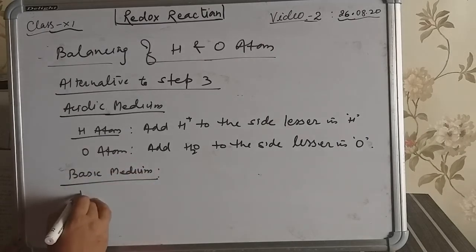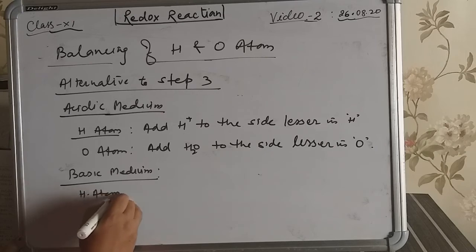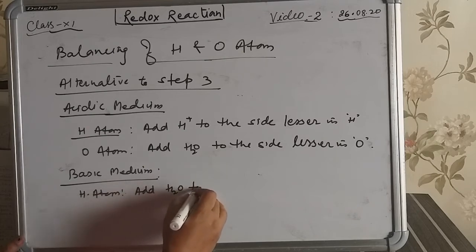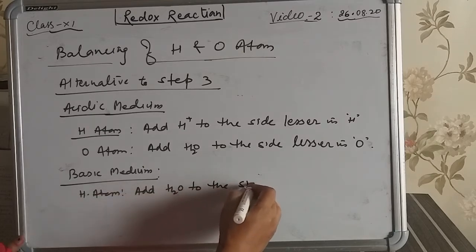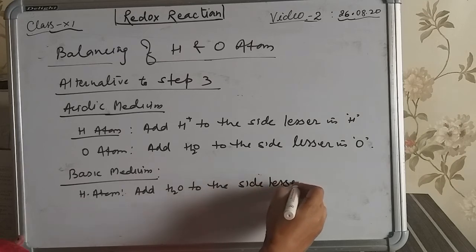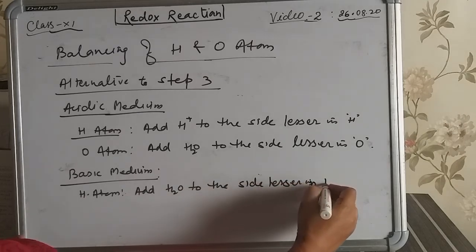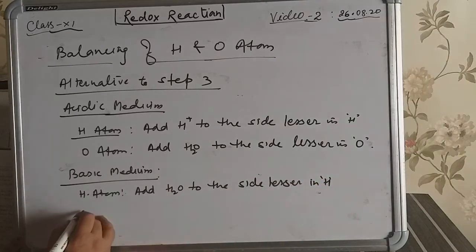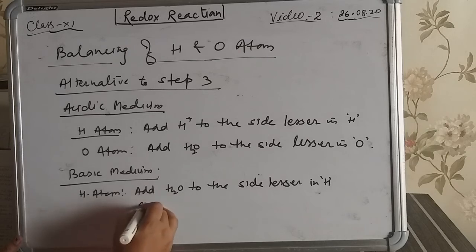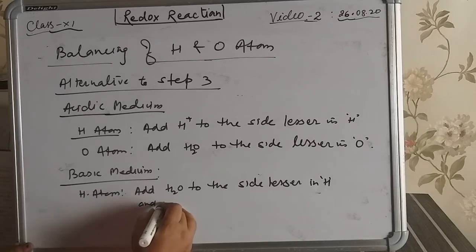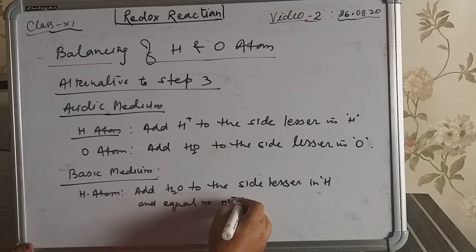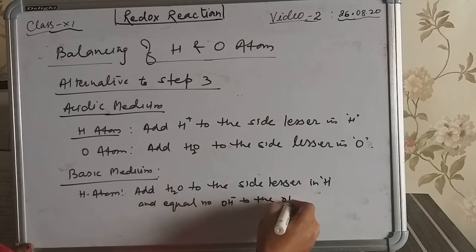Basic medium: for balancing hydrogen atoms, add H2O to the side lesser in H and an equal number of OH ions to the other side.